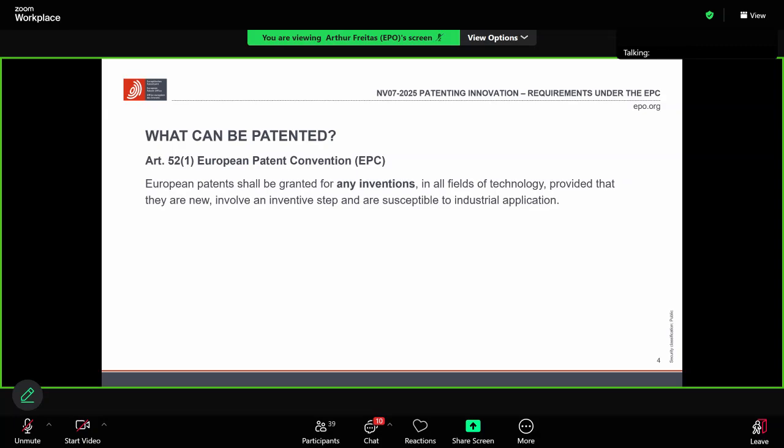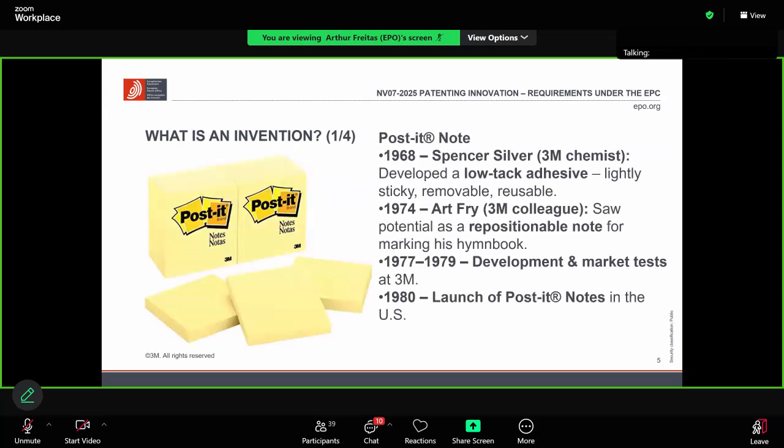As a matter of fact, simple inventions have great impacts on people's lives. That's really the case for 3M's Post-it. It was a simple invention that revolutionized how people took notes back in the 80s, 90s, early 2000s, even today, even if we're moving out of paper nowadays. It started as a simple technology, a low-tech adhesive, lightly sticky, removable, reusable.